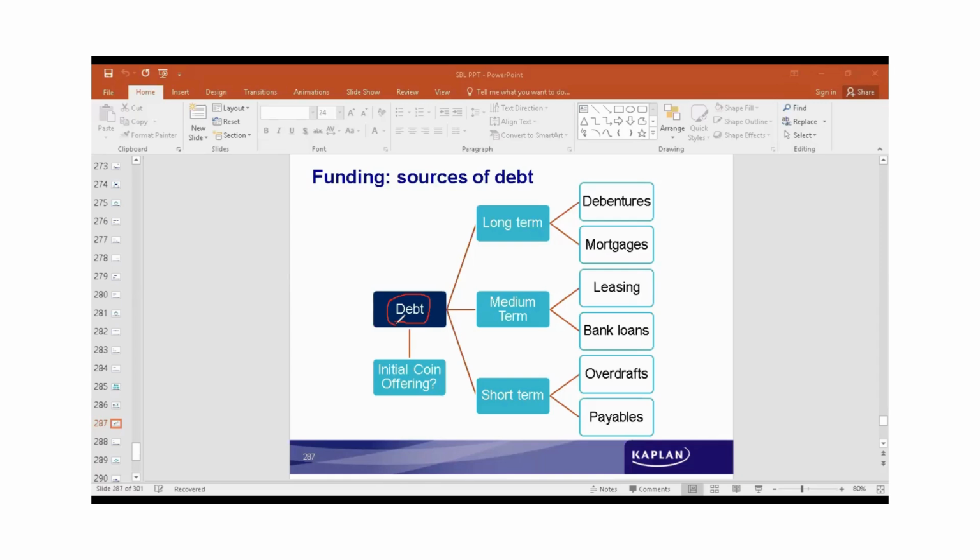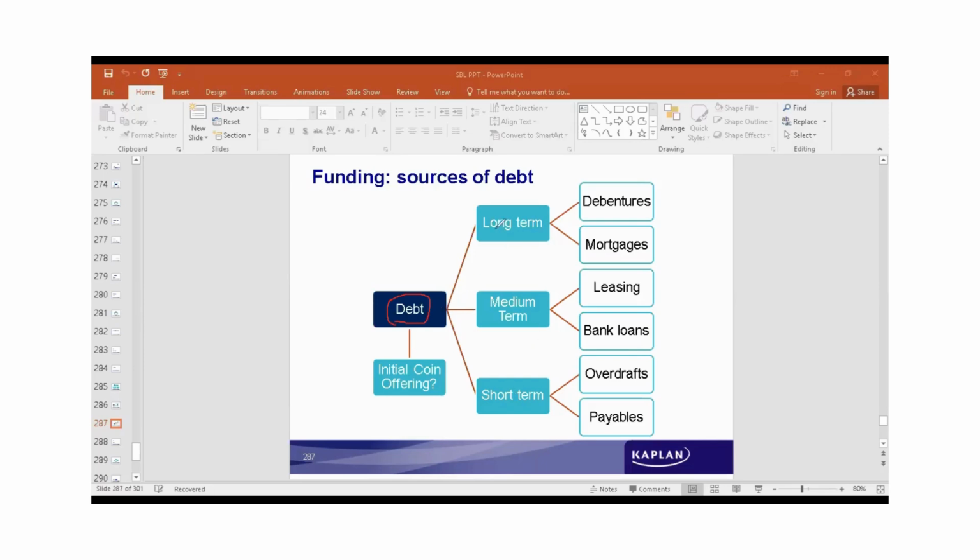So that debt is of three different types.